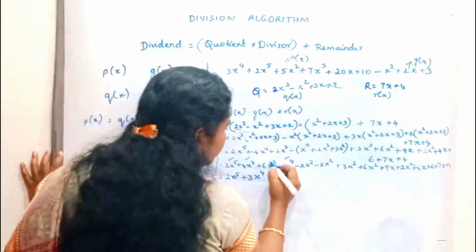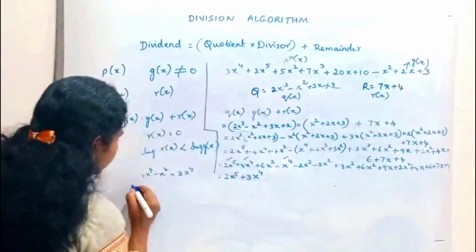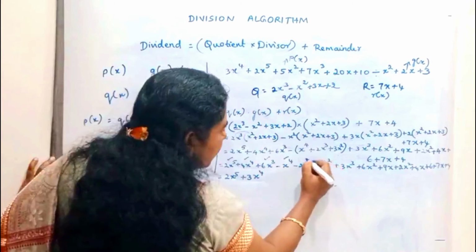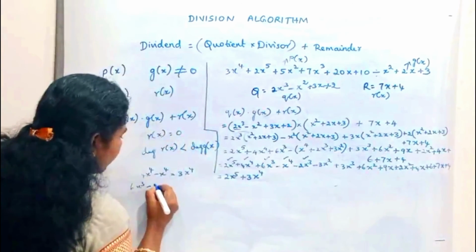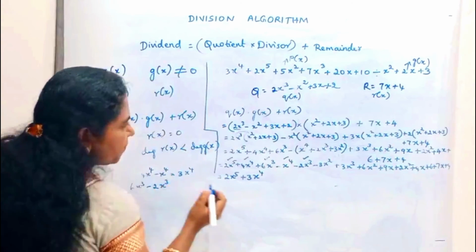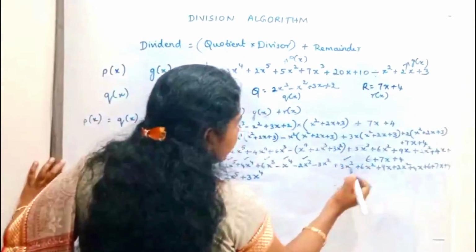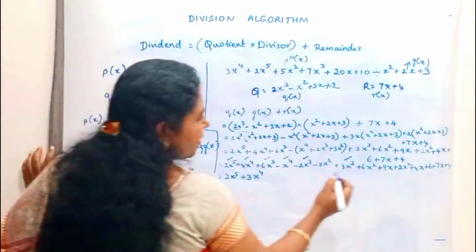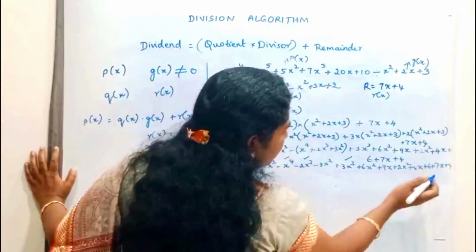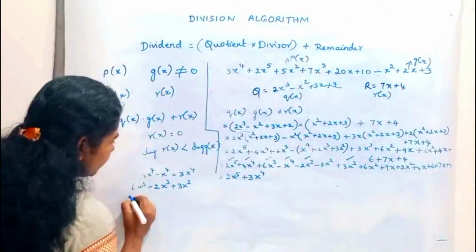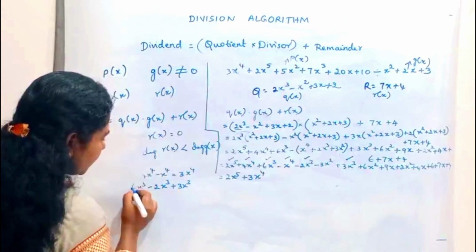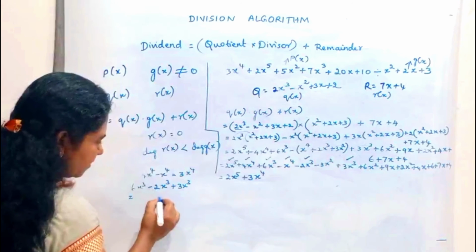Now the next, cube terms. Here there is a term 6x cube. So I have taken this, and here it is minus 2x cube, minus 2x cube, and the next here it is 3x cube. So plus 3x cube. That's all. So now here it is 6 minus 2 plus 3. So 6 minus 2, so it becomes 4.